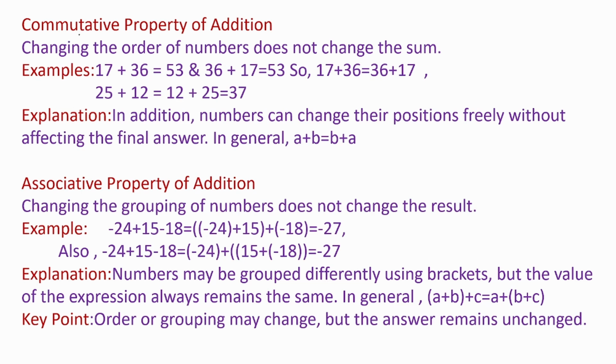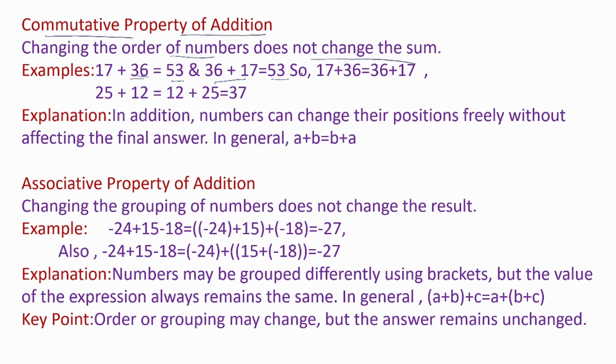Now let's learn some important properties. First is the commutative property of addition. This property says that changing the order of numbers does not change the answer. For example, 17 + 36 is equal to 53, and 36 + 17 is also equal to 53.